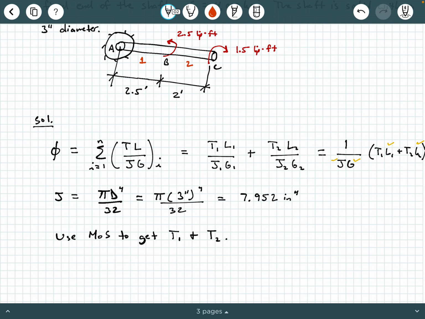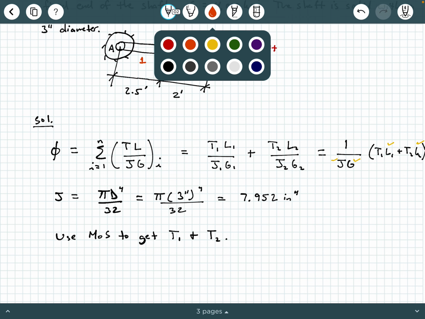And what we need to do is make a cut section inside each of these segments. So T1 will be inside segment 1 and T2 will be inside segment 2. Do we need to solve for externals here? We don't need to. I mean, we could, but we don't need to because we can always look at a right free body diagram for each of these cuts.